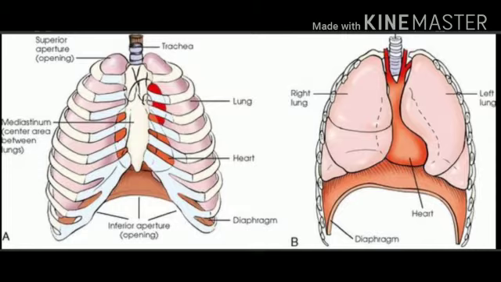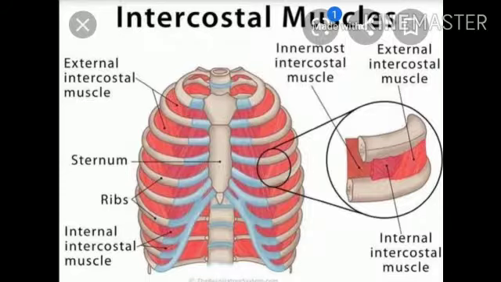Thoracic cavity comprises of ribs. These ribs protect our heart and lungs. There are 12 pairs of ribs, and these ribs are supported by muscles called intercostal muscles. We have external intercostal muscles and internal intercostal muscle.